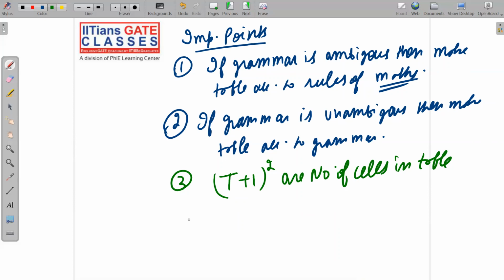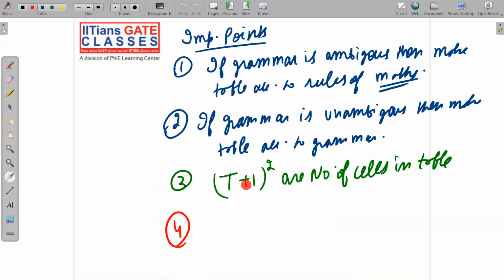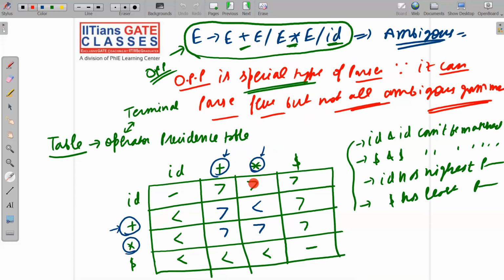And what is the basic disadvantage of this table? See, in real life, let us suppose we have a C language compiler and we have lots and lots of operators. So assuming we have 100 operators, then number of cells in this table will be how many? Let us suppose 99, just for the sake of convenience. So 99 plus 1 is 100, 100 square, that is 10,000. 10,000 cells will be there in this table.